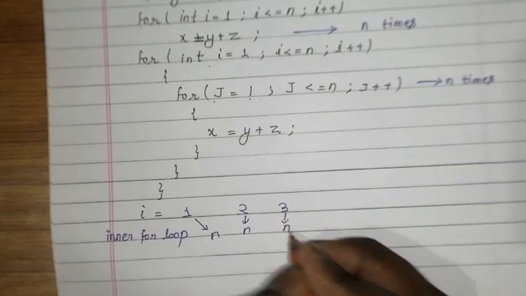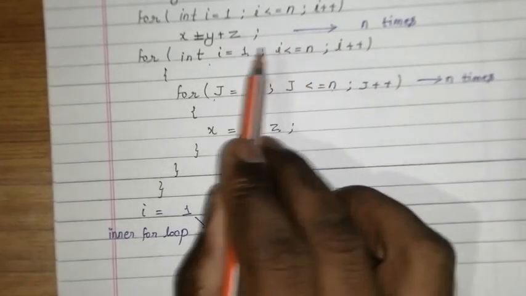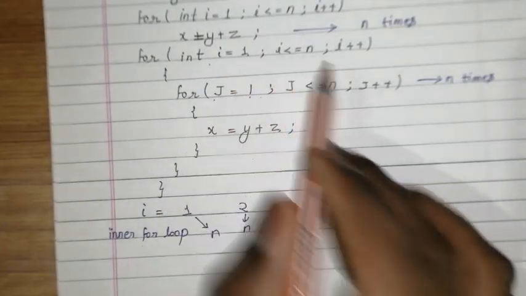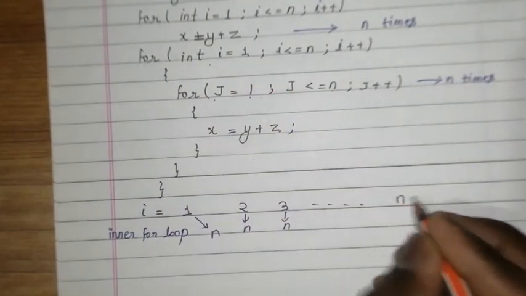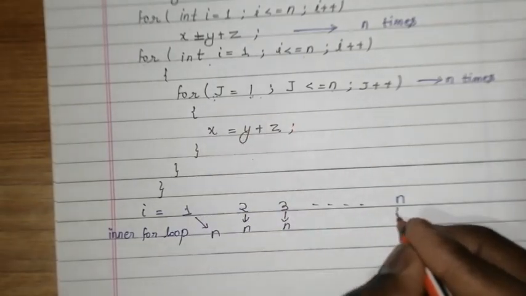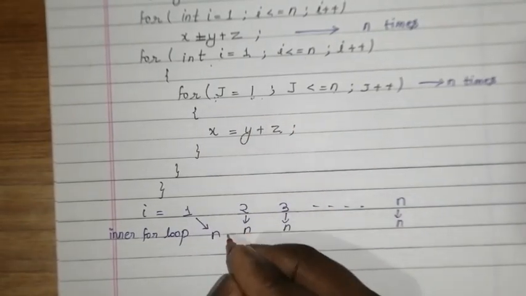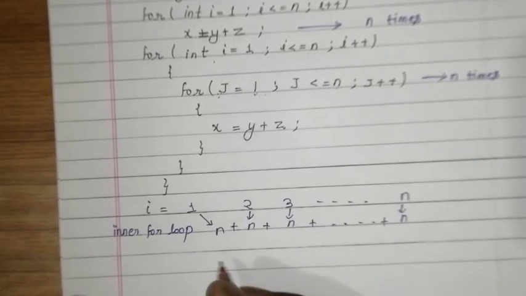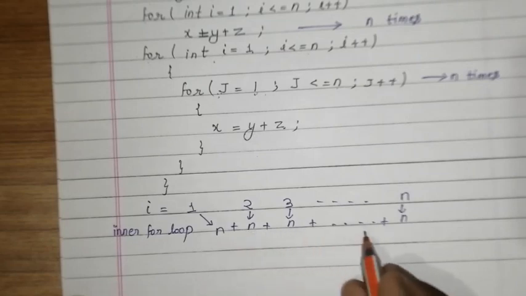For 3, it will iterate n times. And i goes from 1 up to n, and j will iterate n times each time. So you add all these n values, you get the answer, okay. So n plus n plus n up to n times. How many times? N times.